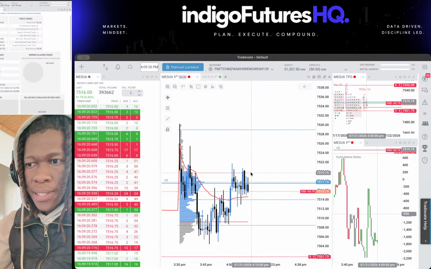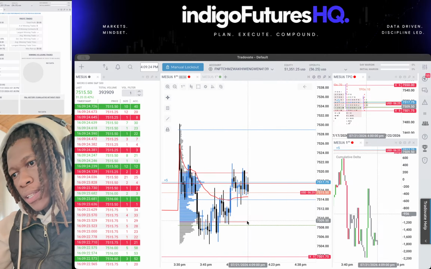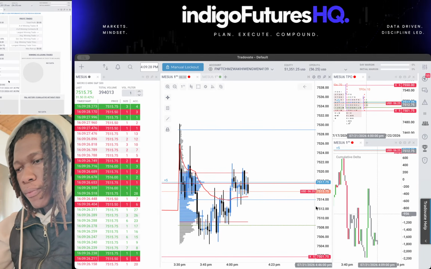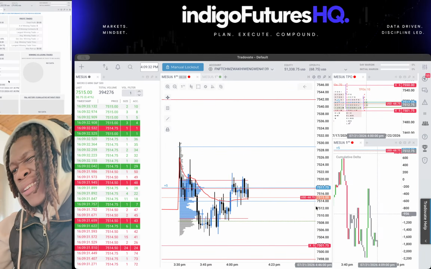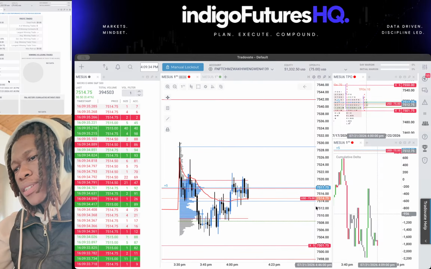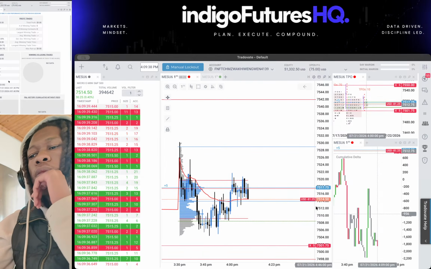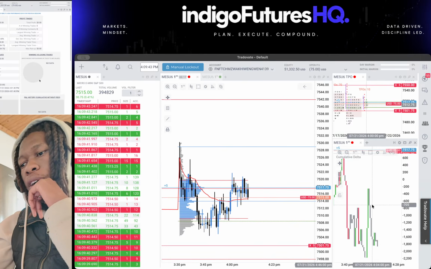How we react around 519 now is going to be important. Otherwise we're going to come all the way down to the value area low. But as I was saying, I don't want to be too involved after IB, unless the CVD changes somewhat.